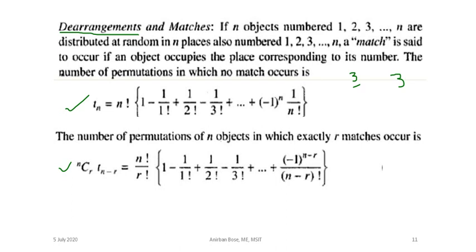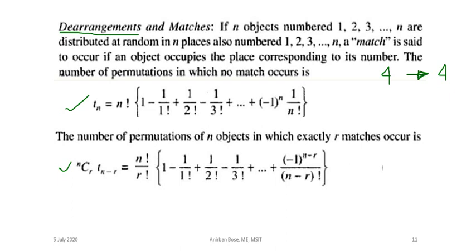Suppose there are 4 letters and corresponding 4 envelopes. The envelopes are written with the address, so letters should go into the proper envelope. The question is how many ways it will be a complete mismatch.